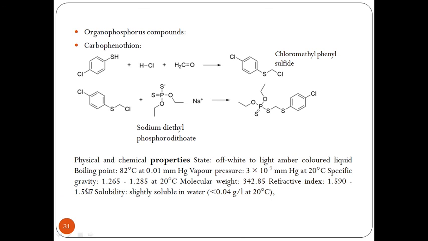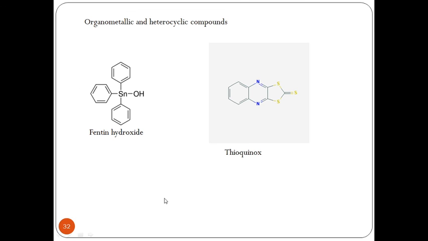Now specific gravity, it has 1.265 to 1.285 at 20 degrees. Molecular weight is 342.85. Refractive index of this particular compound was recorded as 1.590 to 1.597. Solubility, it is highly soluble in water, hence it is a very effective acaricide.